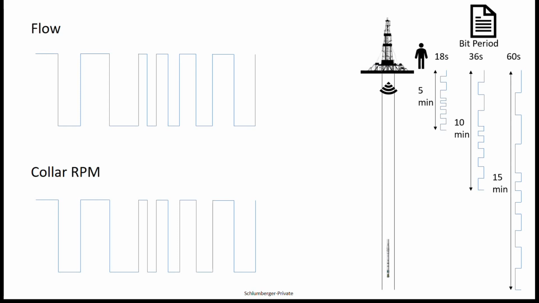But it's good to note that the 36 and 60 second bit periods are there for troubleshooting purposes. The longer the downlink, the easier it is for the tool to understand. So if you're having trouble communicating your 18 second, you can move to a 36 or even a 60 second downlink.